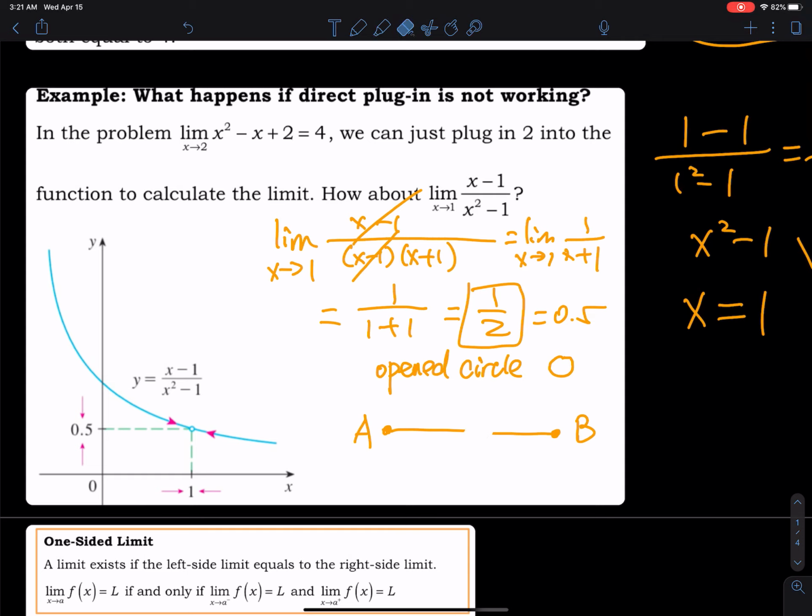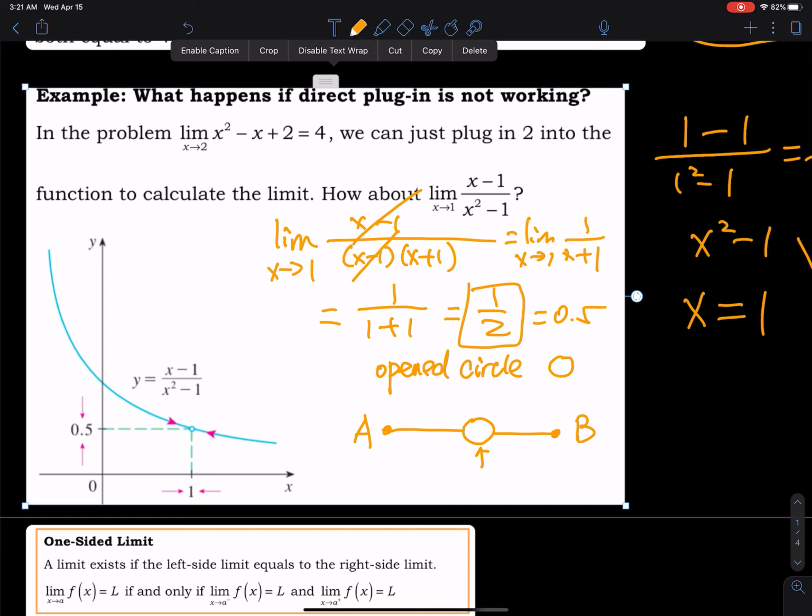Right here. Can you still go from point A to point B just driving on this road? The answer is no. You are not able to drive from point A to point B anymore because I punched a hole right there. Car doesn't fly. You will be dead when you reach the hole. You reach the open circle because I punched a hole in there. You are not able to go from point A to point B anymore.